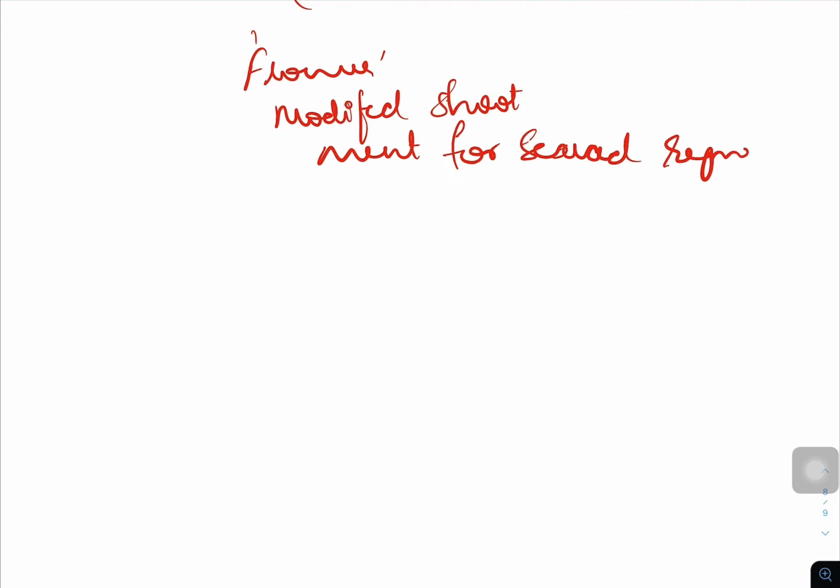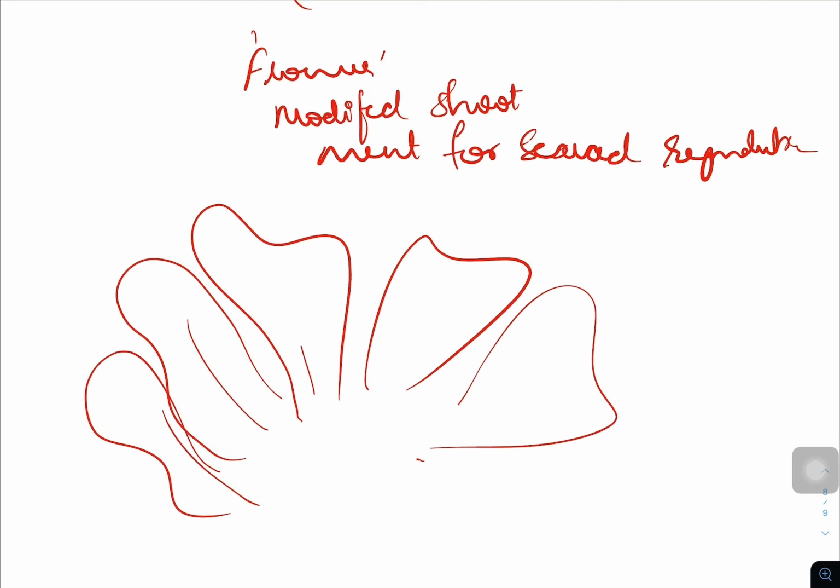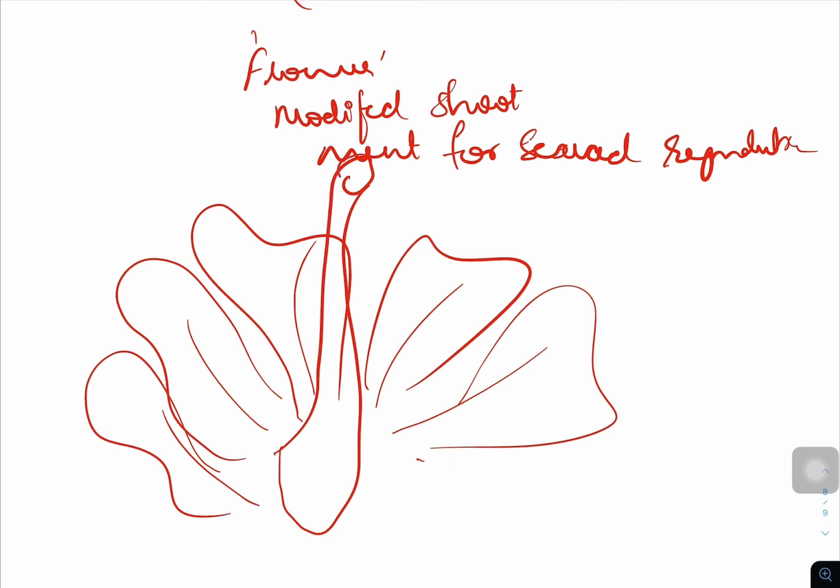This flower has various parts. I am drawing an example of hibiscus. Hibiscus has a male reproductive structure and a female reproductive structure. This part is the female reproductive structure, and these parts are the male reproductive structures.